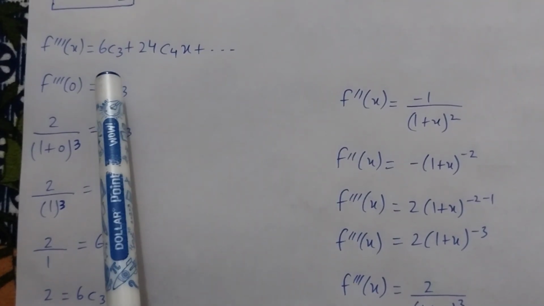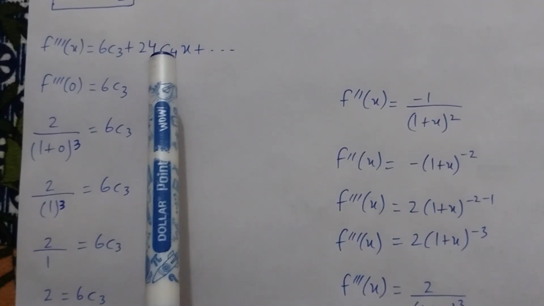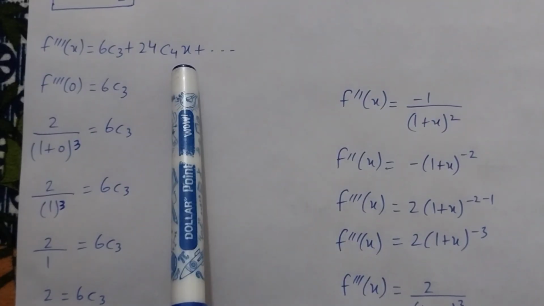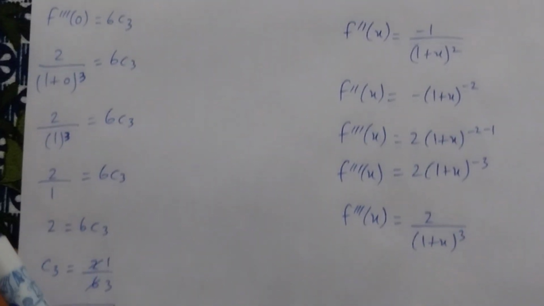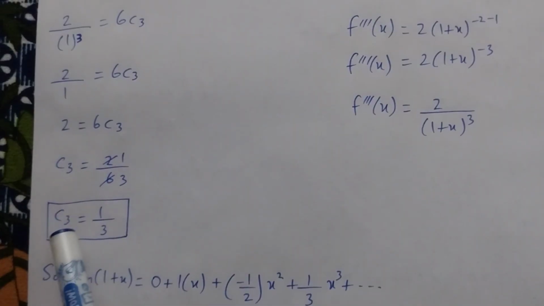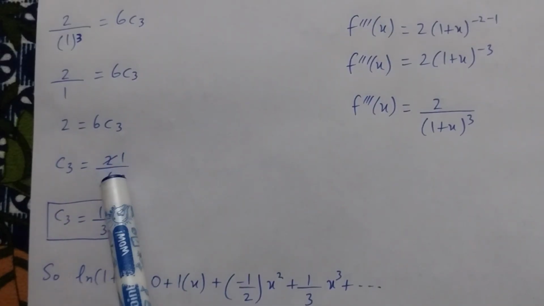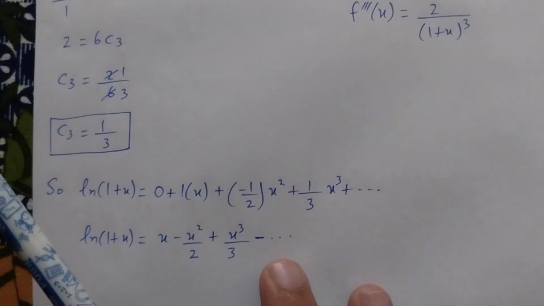Apart from this term, the next terms involve x in them, so when we put x equal to 0, these terms become 0, so we get 6c3 on the right hand side. We are interested in c3, so 6 will be divided on the other side. So 2 by 6 is equal to 1 by 3, so we get c3 equal to 1 by 3.